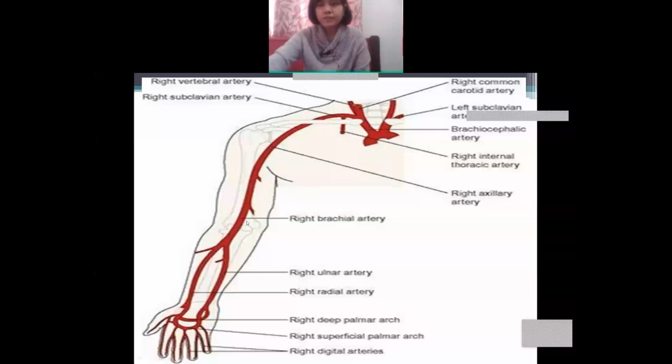So first let us see the first artery, that is the subclavian artery. From where is the subclavian artery coming? It comes out from the brachiocephalic artery. This is the brachiocephalic artery. So from where does the brachiocephalic artery actually come?